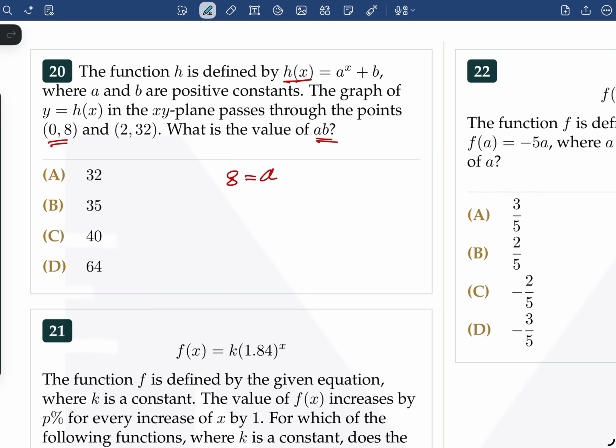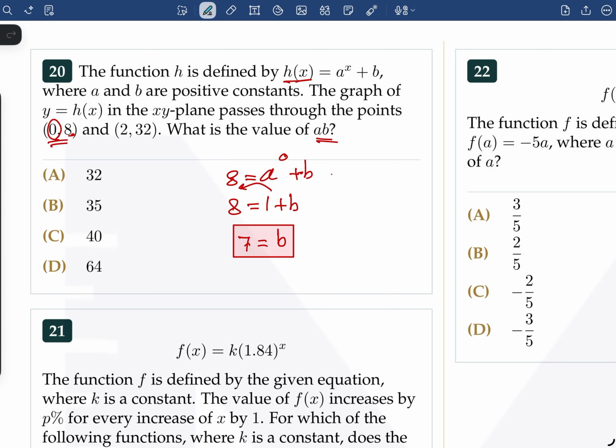And a, we do not have the value of a, but we have 0 as the value of x, plus b. And of course, you know that any number to the 0 power is equal to 1. So we can write 8 equals 1 plus b. How to get b? Just move that 1 to the other side. 8 minus 1, which is equal to 7. So that's the value of b.